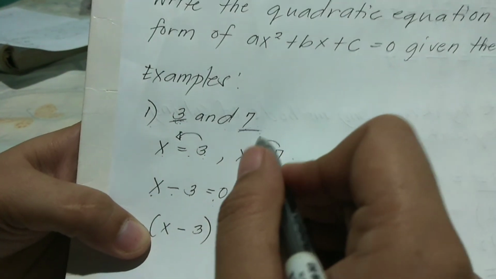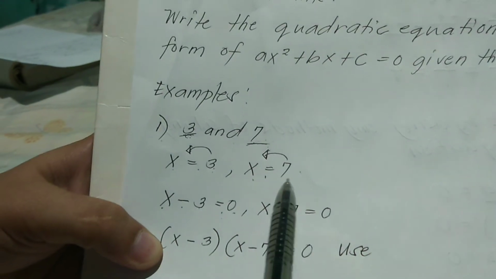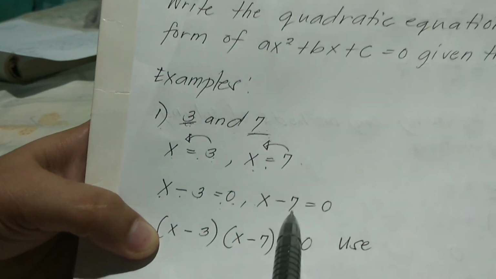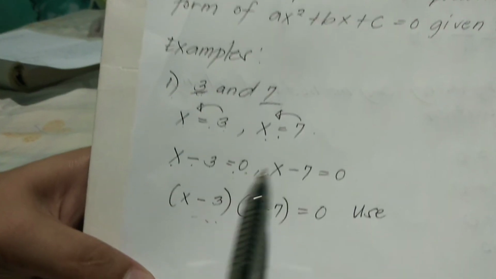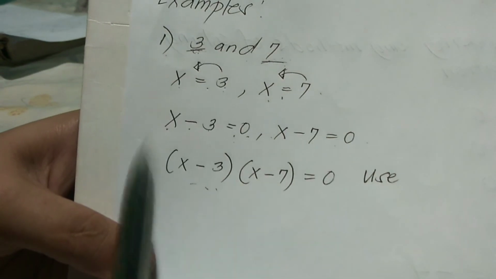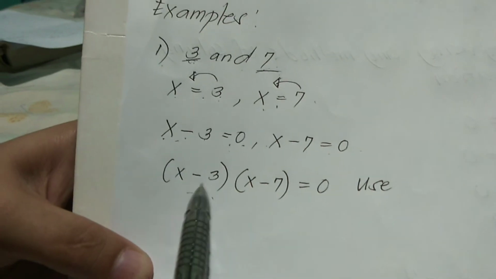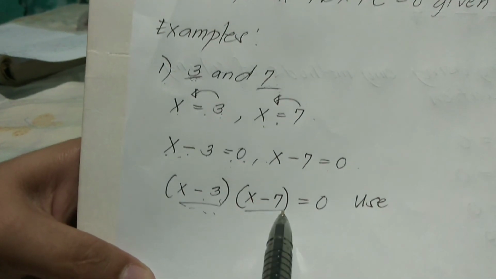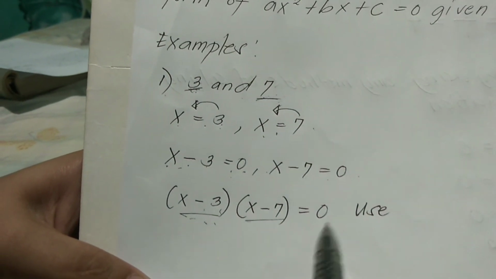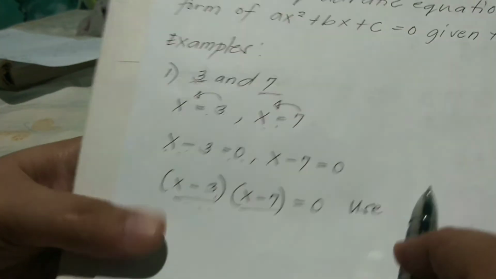The same with 7: x minus 7 is equal to 0. Then, factor. Combine them: x minus 3 times x minus 7 is equal to 0. For this, use the FOIL method.